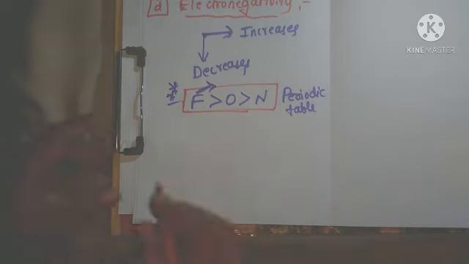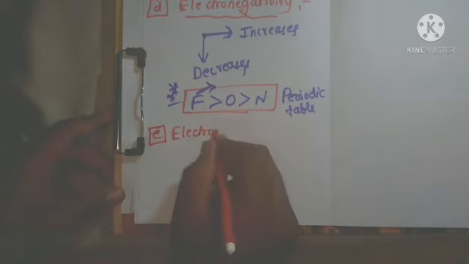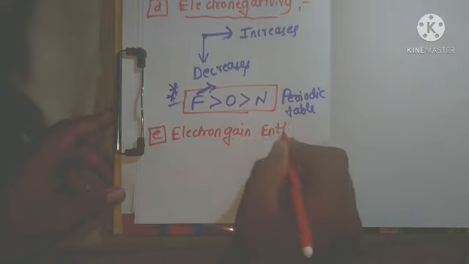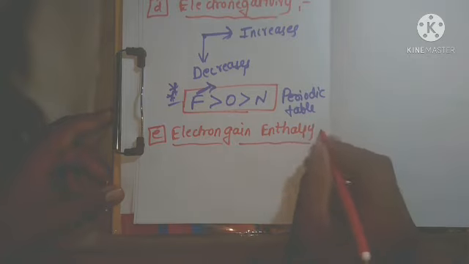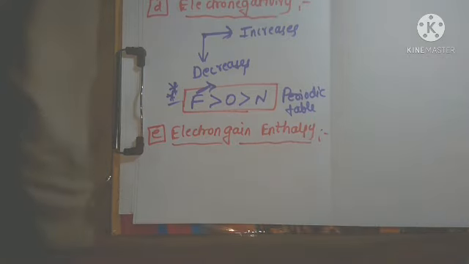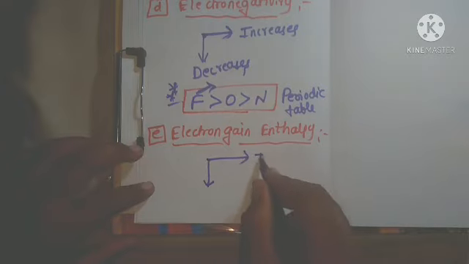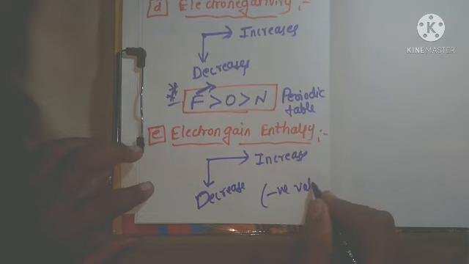Next, E: electron gain enthalpy. Here it is also the same, opposite to that of the atomic radius: along the period it increases from left side to right side, along the group it decreases, and it will be negative values.